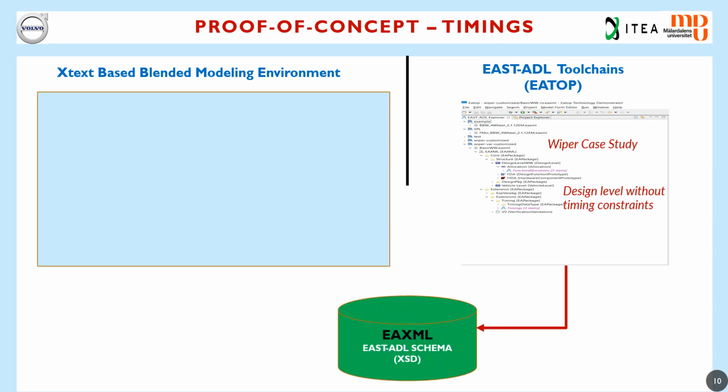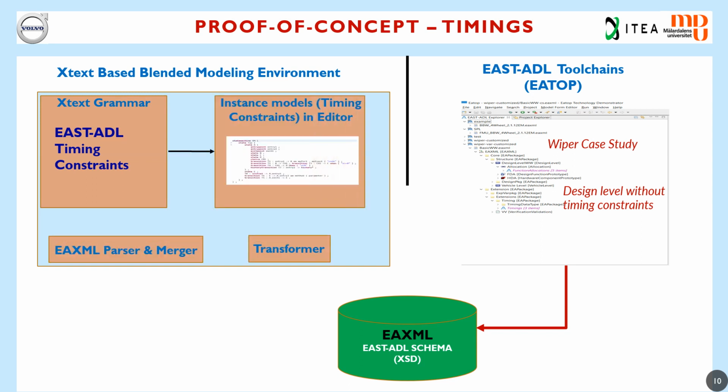This system design of the Viper case study is eventually available in eXML format. In the proposed framework, we first define the XText grammar for eSTDL timing constraints. Based on this XText grammar, a text editor is available to model the requirements in programming-like syntax.